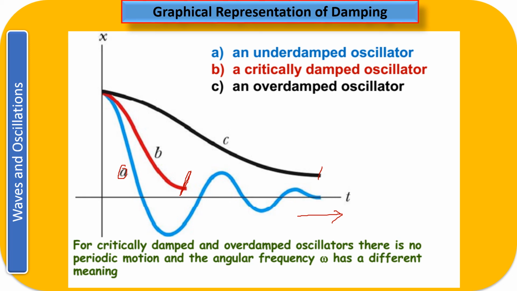Both the critically damped and overdamped are not going to make oscillations; they will only come back to the original position and not oscillate further. But in case of light damping, it is going to oscillate. So what I have written here: for critically damped and overdamped oscillators, there is no periodic motion, right? Periodic motion is not there in both the cases, and angular frequency omega has a different meaning over there.